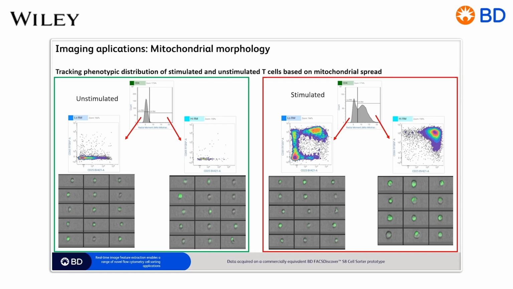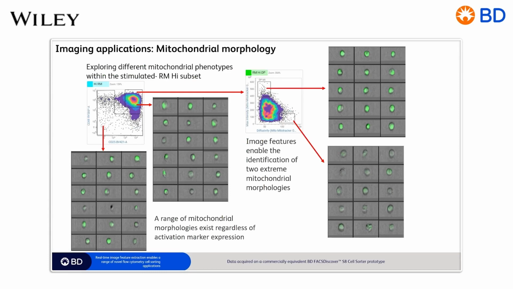I dove a little deeper and looked at the heart of that 25-69 double positive population and looked at diffusivity versus max intensity, and was able to pull out a range of different morphologies. There's really these bright spread out versions and then more of a dim diffuse version.